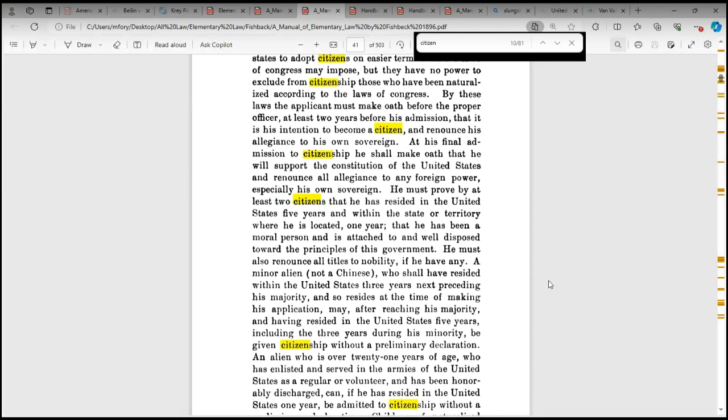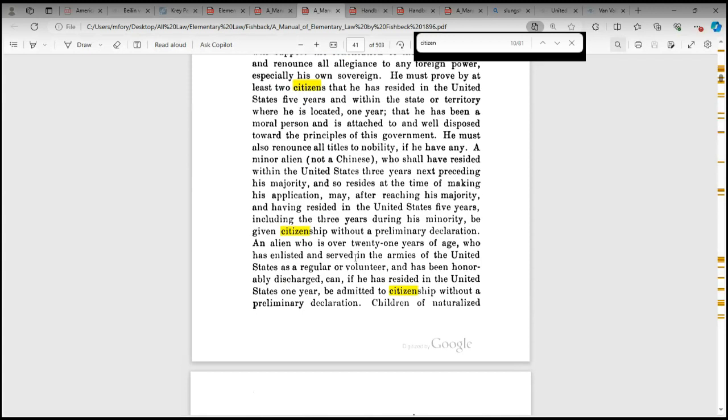A minor alien, not a Chinese at this time, of course, who shall have resided within the United States 3 years next preceding his majority, and so residing at the time of making his application, may, after reaching his majority, and having resided in the United States 5 years, including the 3 years during his minority, be given citizenship without preliminary declaration.